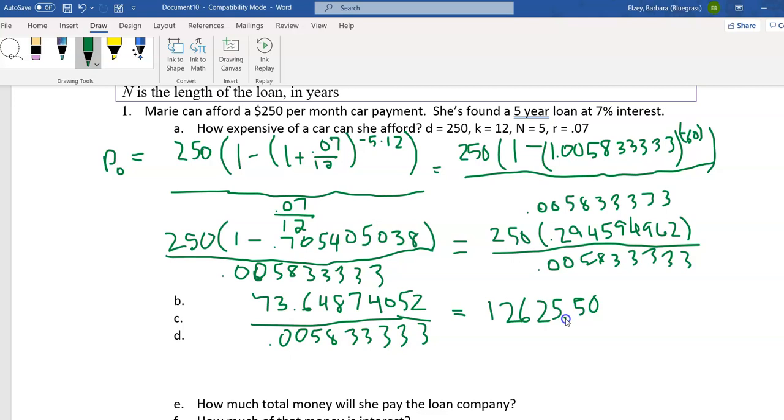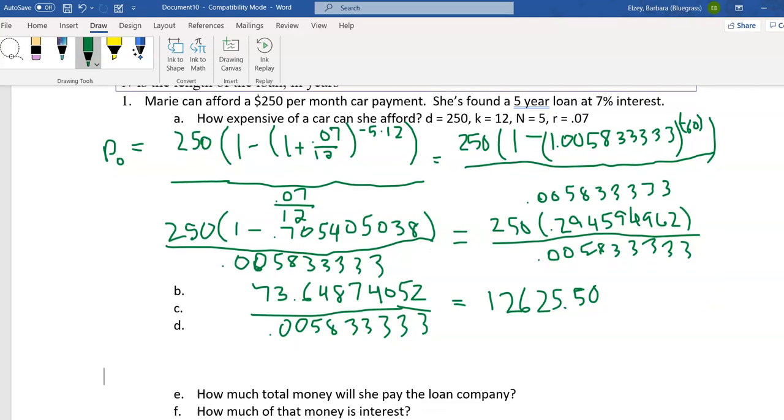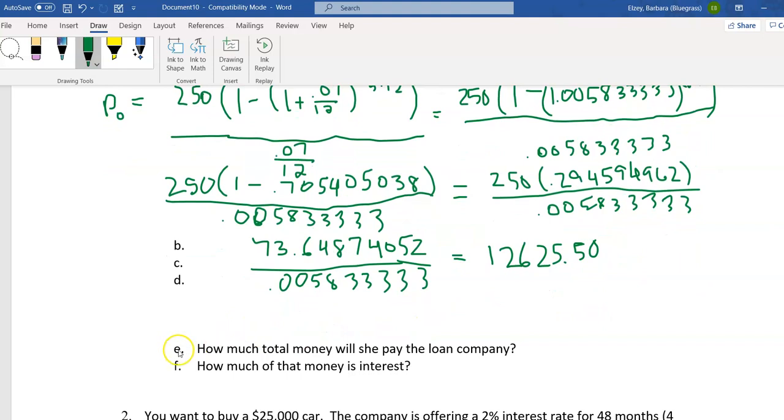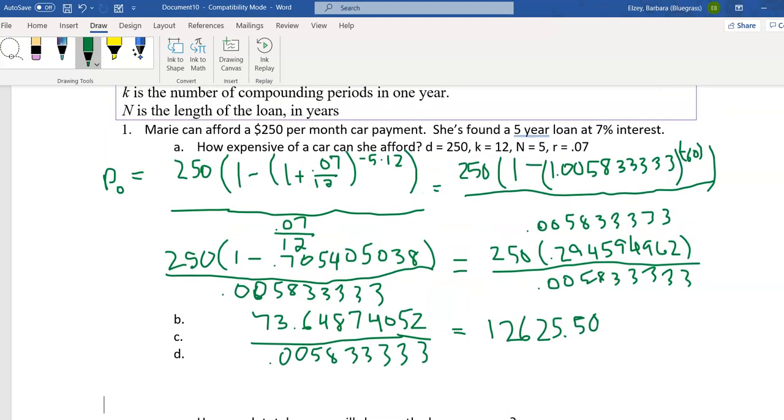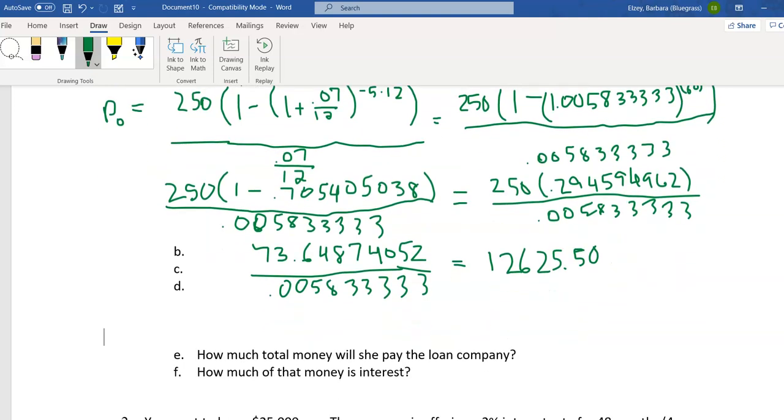Alright, so let's now go to the second part, which should be part B, but of course it changed when I was hitting the return button. How much total money will she pay for the loan? Well, let's remember she's paying $250 a month, and she's doing it for 5 years, and of course every month.